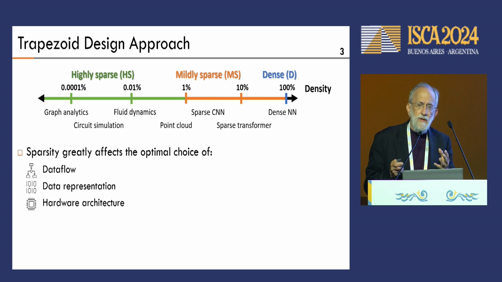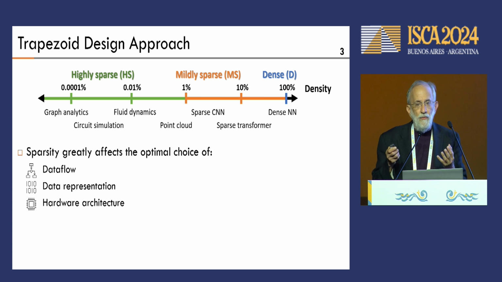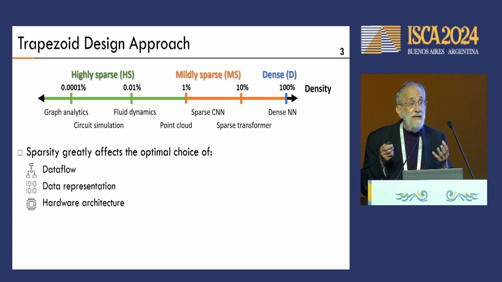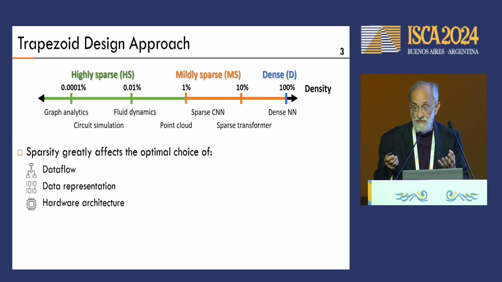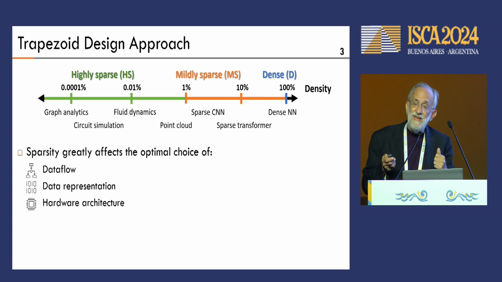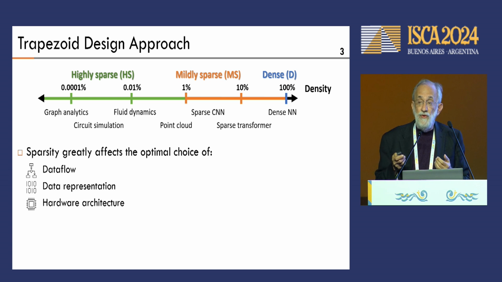If you've been following the deep neural network accelerator literature, I would hope that you're aware that picking the data flow is an important characteristic for determining the performance of your accelerator. So the first characteristic of the architecture that is influenced by how well it handles a particular level of sparsity is the data flow.